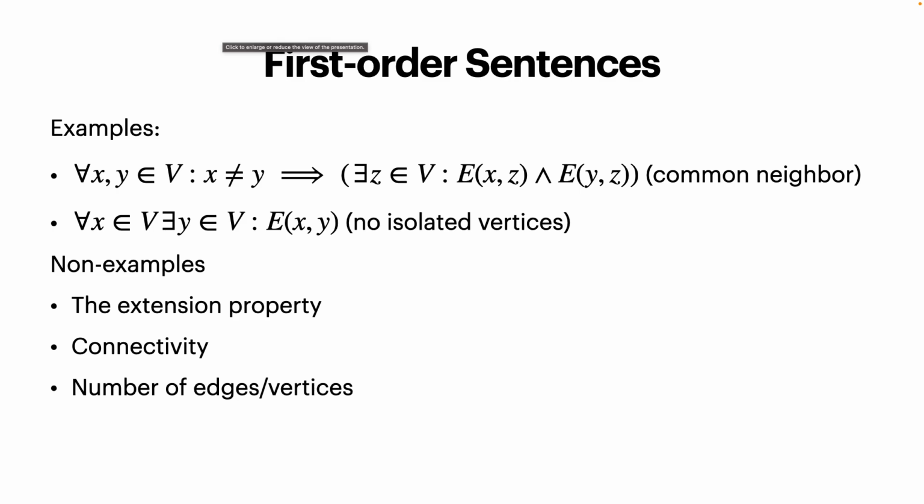Almost all of the finite random graphs are connected, and the infinite but countable random graph is also connected, but for different reasons. And the number of edges and vertices is also not a first order property. The countable random graph is going to have infinitely many vertices, but all of the finite random graphs are going to have finitely many vertices.